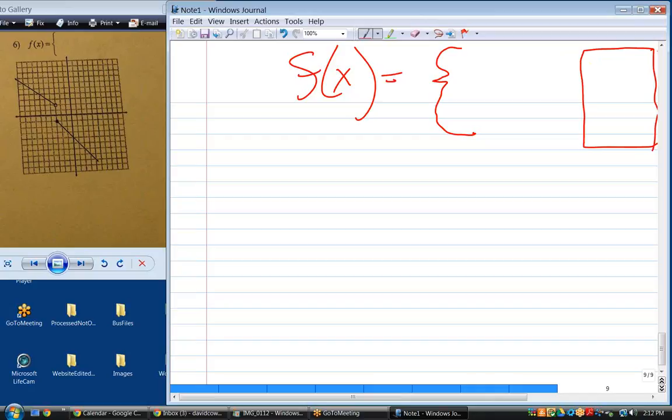Is x less than -3, or greater than -3? The open circle means it's not equal also. The open circle means it's either less than or greater than, but which way are we going? We're going that way.